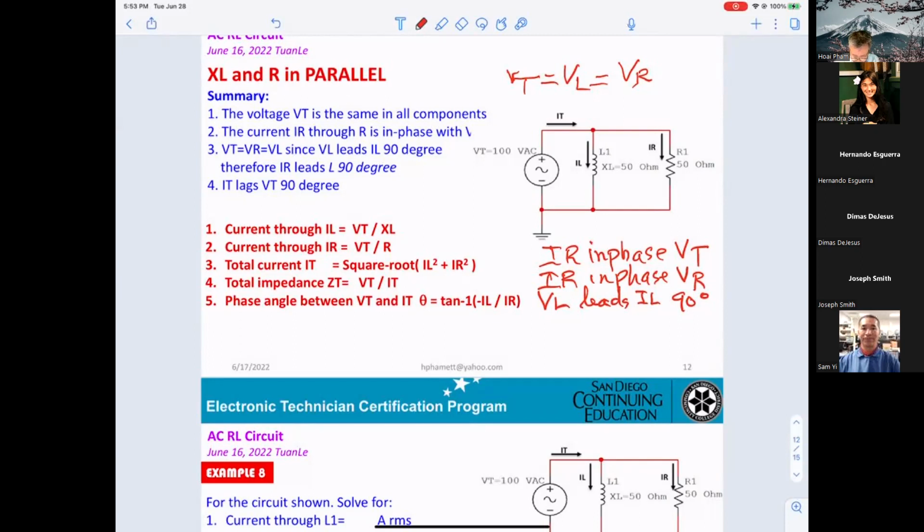So what they said here: VT equals VR equals VL, the same, and VL leads IL by 90 degrees. So that tells you IR leads IL by 90 degrees.